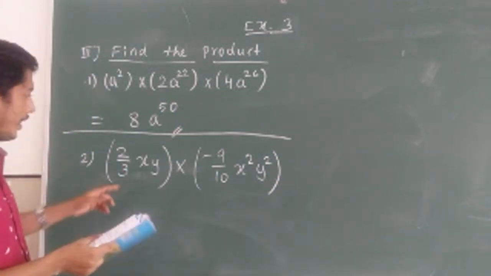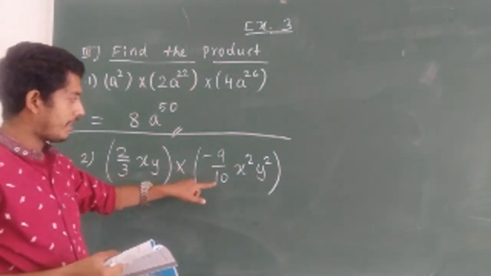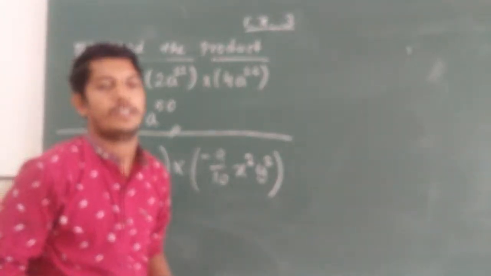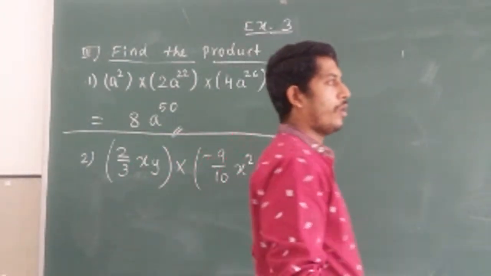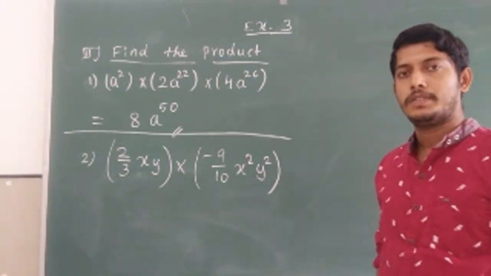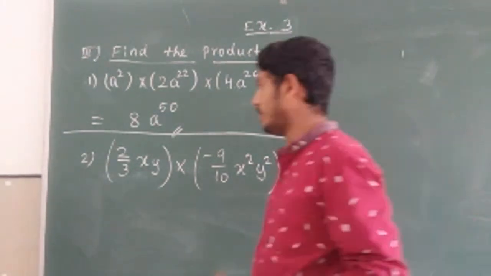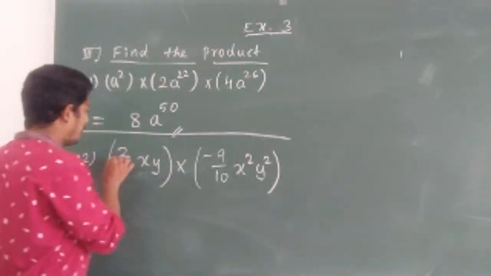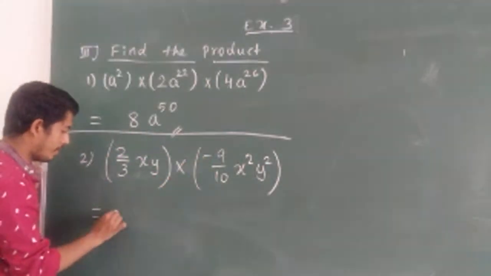Okay, 2 by 3 xy into minus 9 by 10 x square y square. Again, same steps we have to follow. So we have to multiply these two terms, along with the sign we have to use. Plus into minus, it becomes minus.